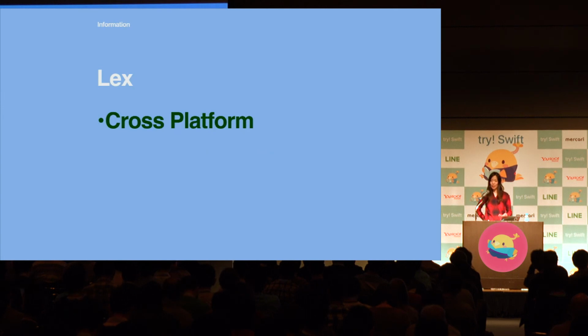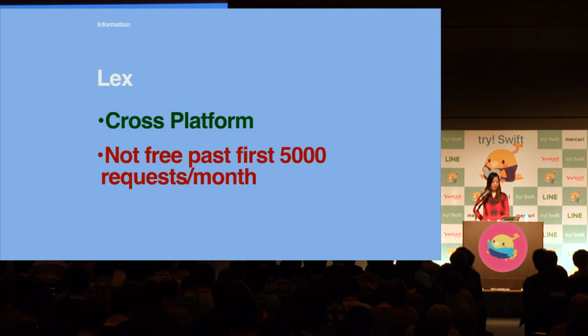It's obviously cross-platform, so you can use it on iOS, Android, and web, and even do a server-side integration if you want. And of course, the downside is that it's not free past the first 5,000 requests per month. However, if you did want to use this and you have a large app, AWS has pretty advanced budget tools, so you can set your monthly budgets so you're not surprised with a huge bill at the end of the month.